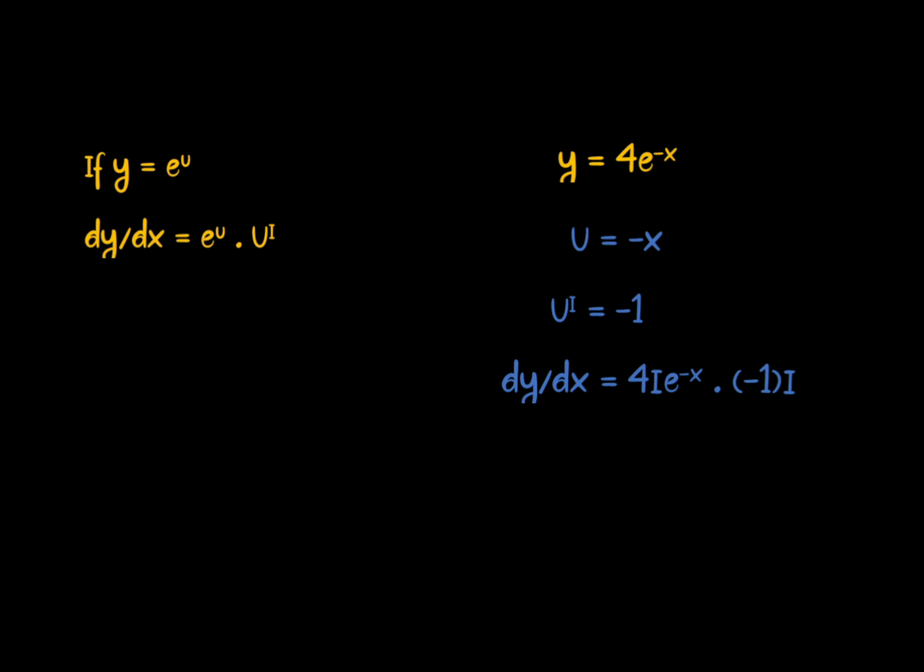Then we bring in our techniques of e raised to the power of u multiplied by u complement. So in this case, our e raised to the power of u is e raised to the power of minus x multiplied by u complement, which is minus 1. So we can just multiply all the terms we have there together, and that leads us to 4 in a bracket minus e raised to the power of minus x.